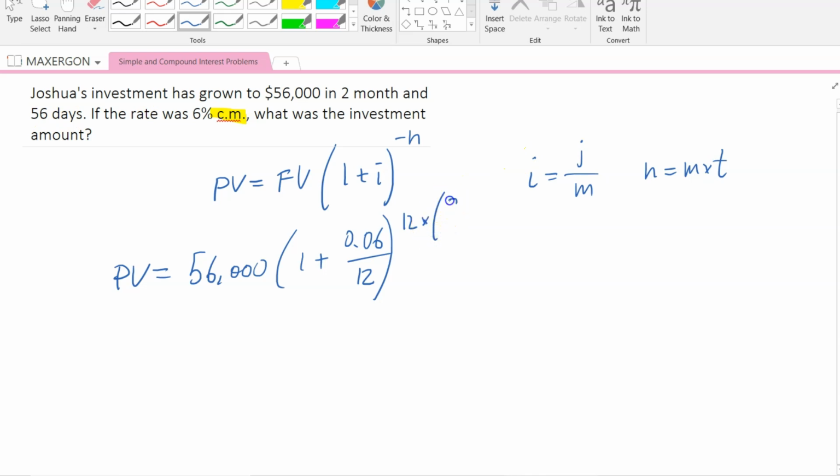So in brackets we'll write 2 over 12 plus 56 over 365, assuming that there are 365 days in a year, and that's what we assume when we're not given exact dates. Now we also need to put a negative sign here. Let's solve this.